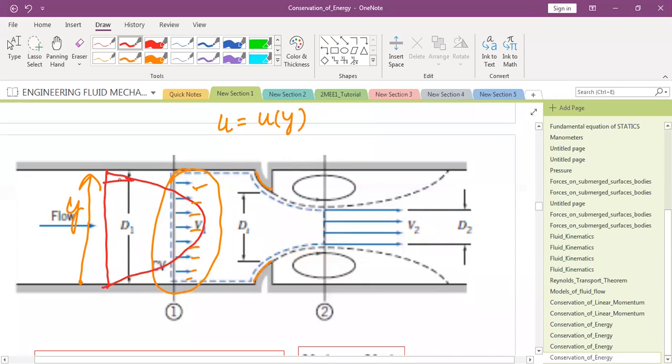That is, velocity is nearly zero at the surfaces due to no slip. It gradually increases, and then again it starts decreasing as it reaches the other side of the pipe. So this is the velocity profile in a pipe flow.